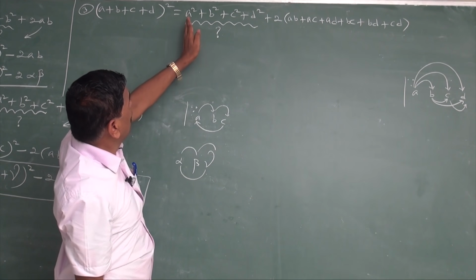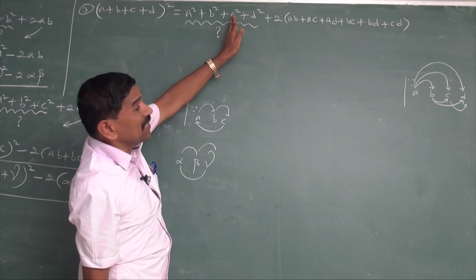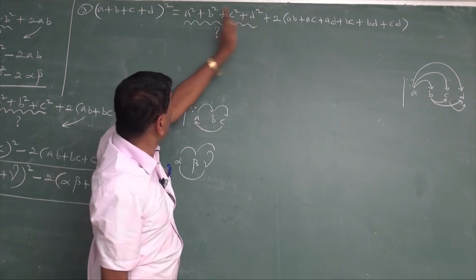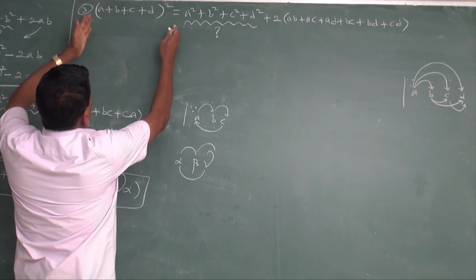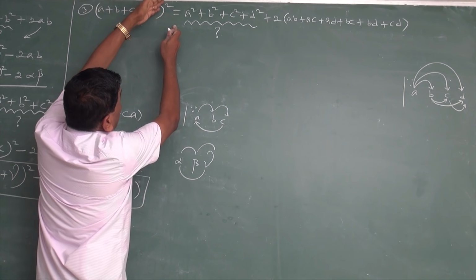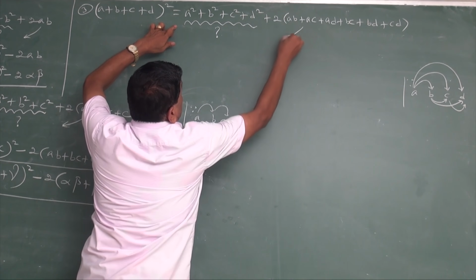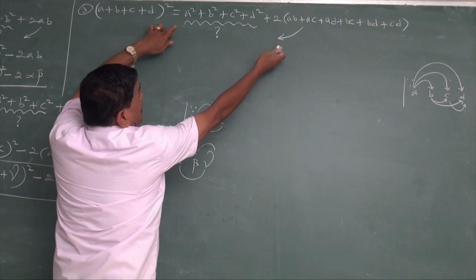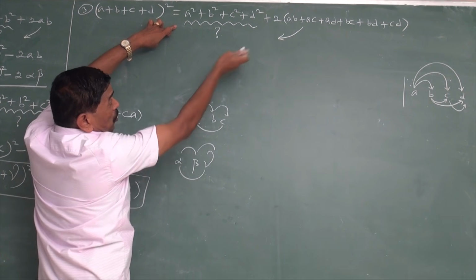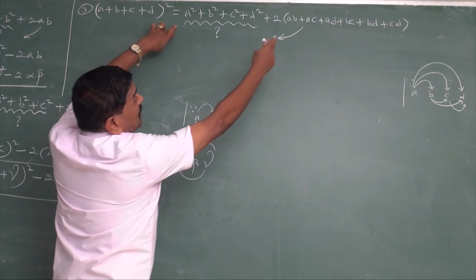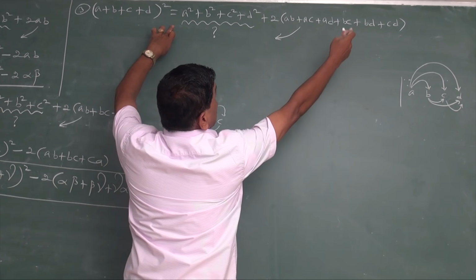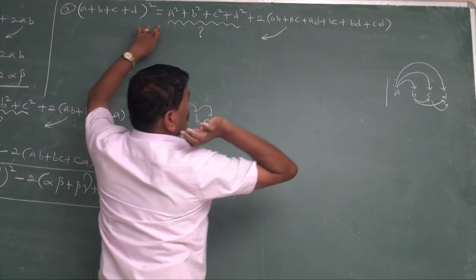Okay, listen, a square plus b square plus c square plus d square is equal to a plus b plus c plus d the whole square, minus twice of this, since plus comes to the left side becomes minus, so minus twice of ab plus ac plus ad plus bc plus bd plus cd. That's all.